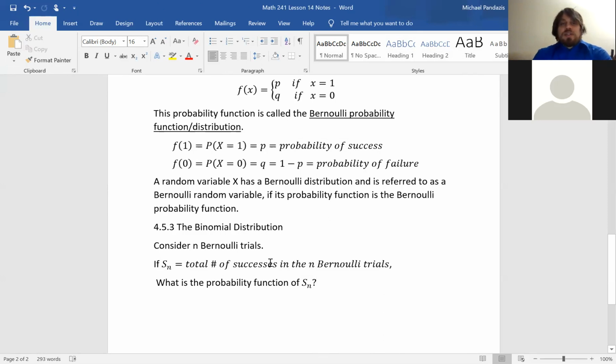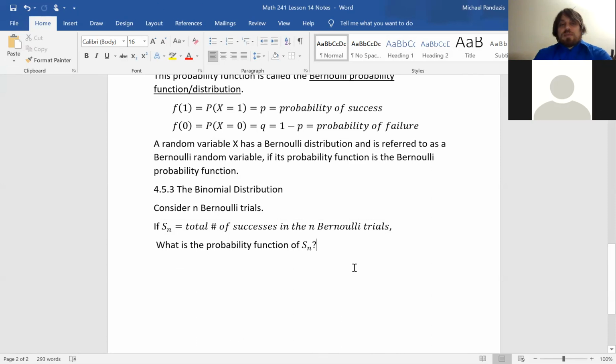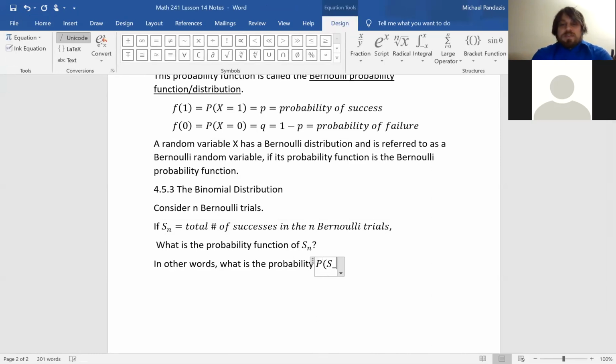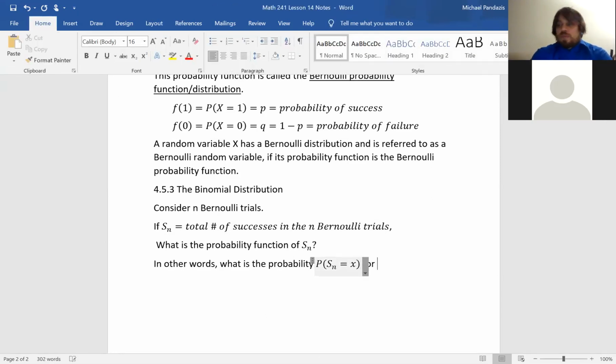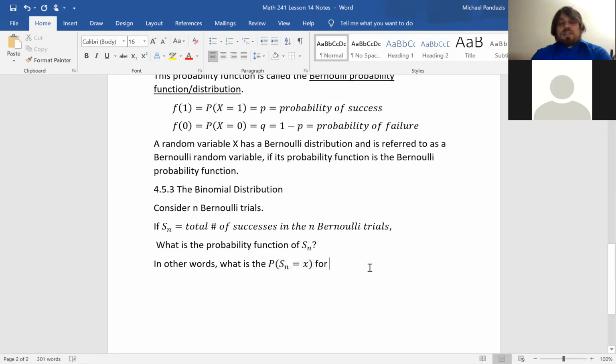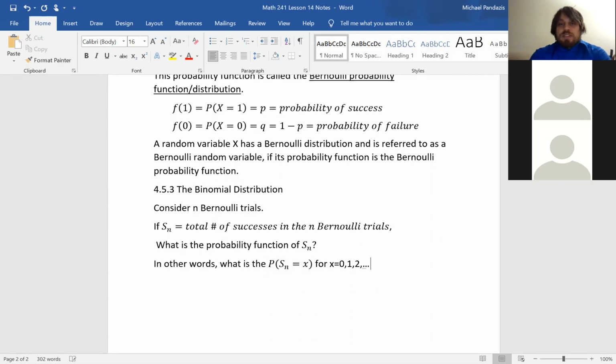Okay, so consider n Bernoulli trials. If S sub n is the total number of successes in the n Bernoulli trials, what is the probability function of S sub n? I will explain this. In other words, what is the probability P of S sub n equaling little x, for x equals 0, 1, 2, up to including n?